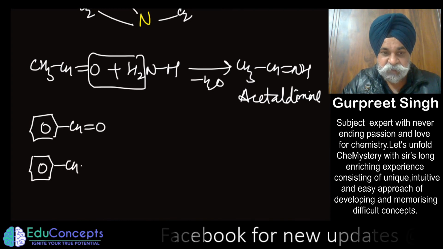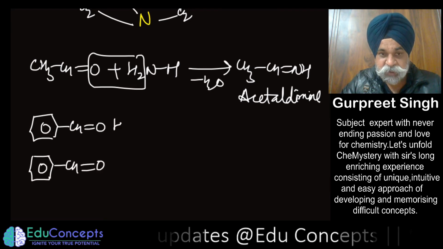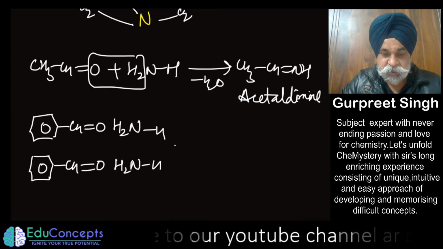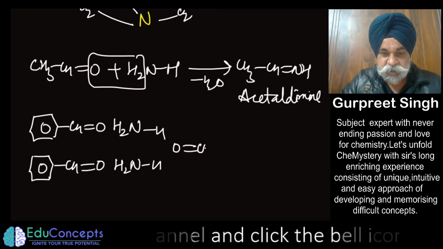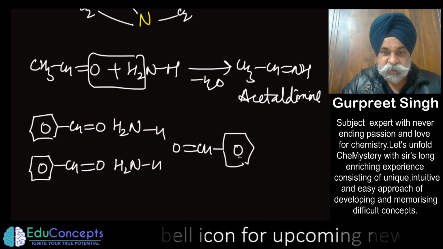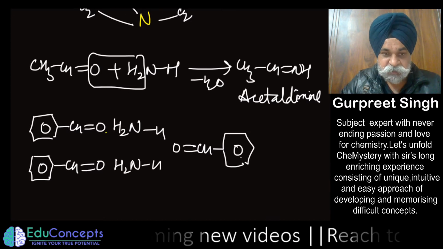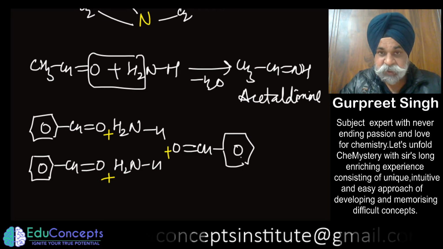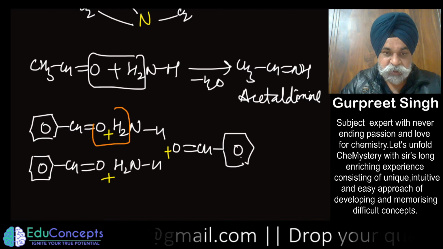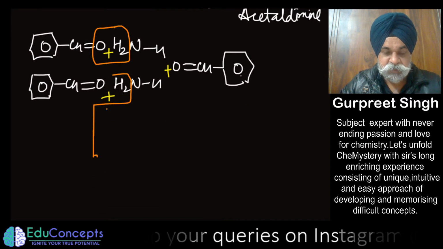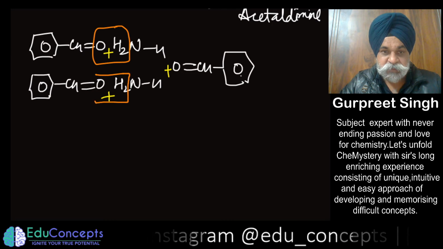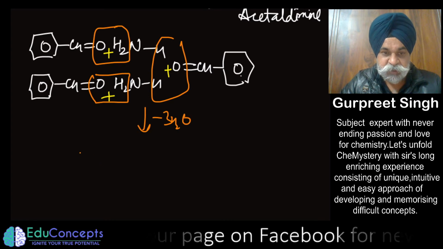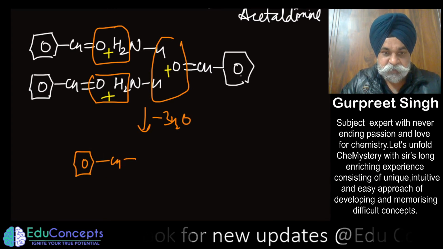Say for example, if you have benzaldehyde being treated with ammonia, this is a very important and popular reaction of organic chemistry. You take 2 moles of ammonia and 3 moles of benzaldehyde. Now the water goes out, and from here the water goes out as well. So 3 waters go out, and this compound is generated.